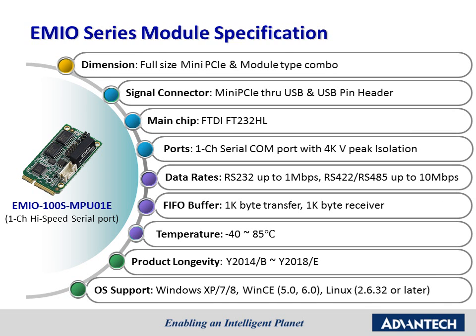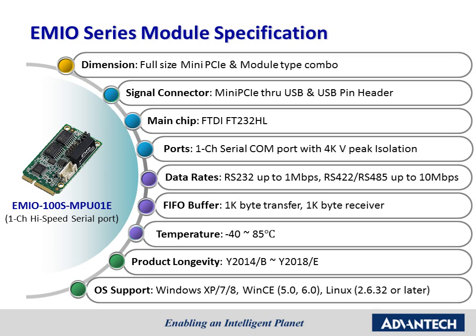The EMIO-100S-MPU01E is a full-size mini PCIe module that adds one more serial port to a board or system. There are cases where many serial ports are needed, such as in a gas pump, but our standard board or system is one short.